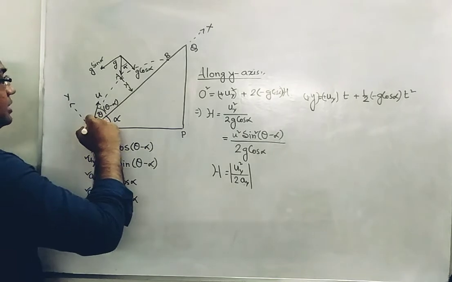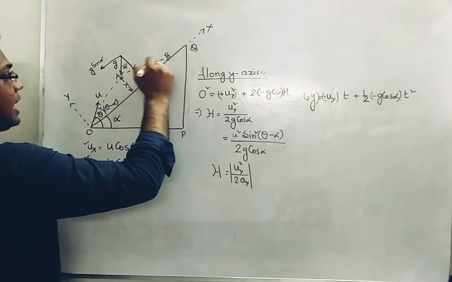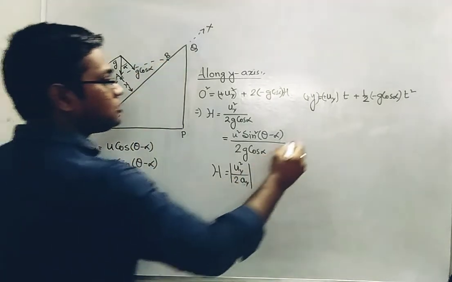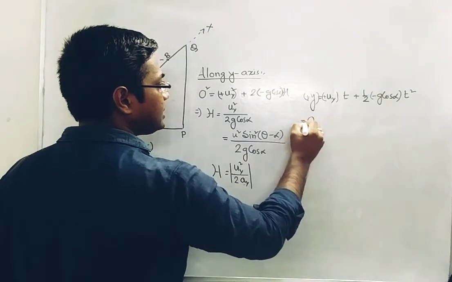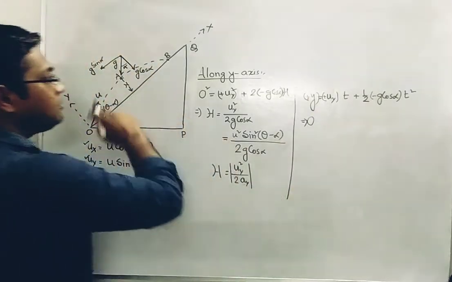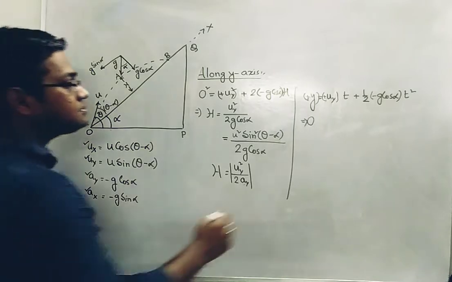When the particle goes from O to A and then to B, the total displacement along the y-axis at the end of the motion is 0.